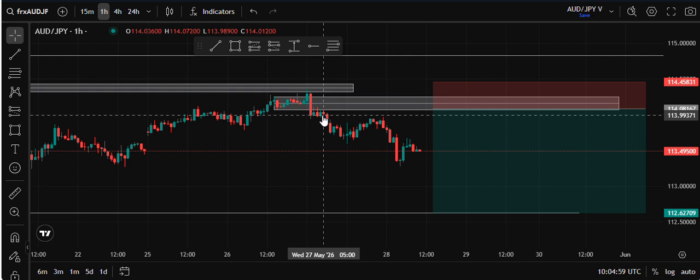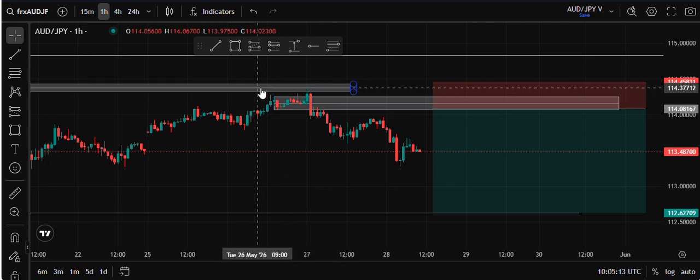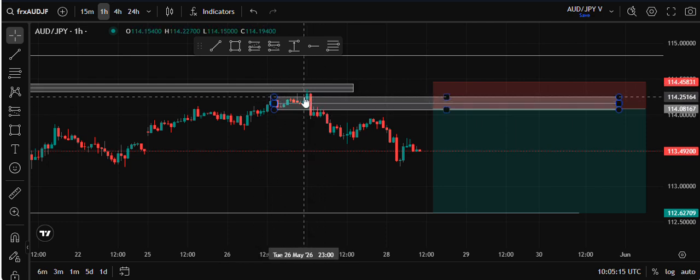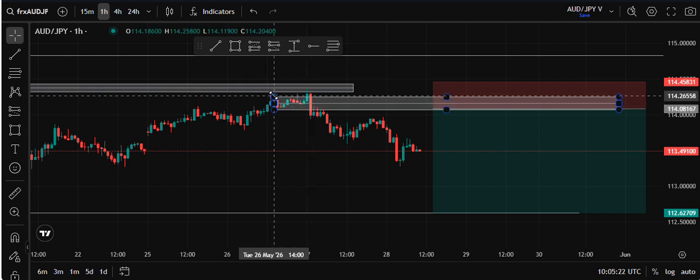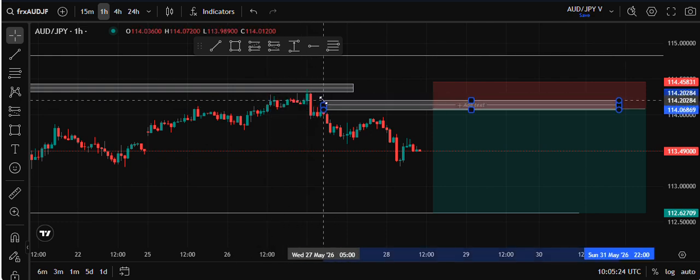So now we are on the 1 hour time frame, and here we have multiple levels to give us the trade. This didn't give us the three that we're looking for, but we have a little bit of average around there.